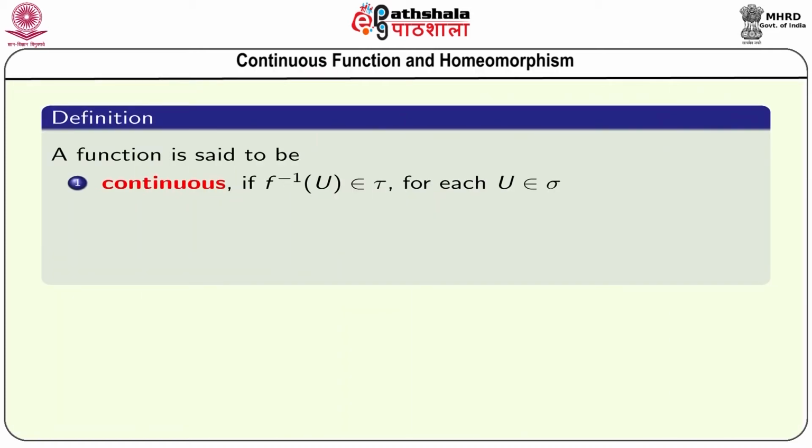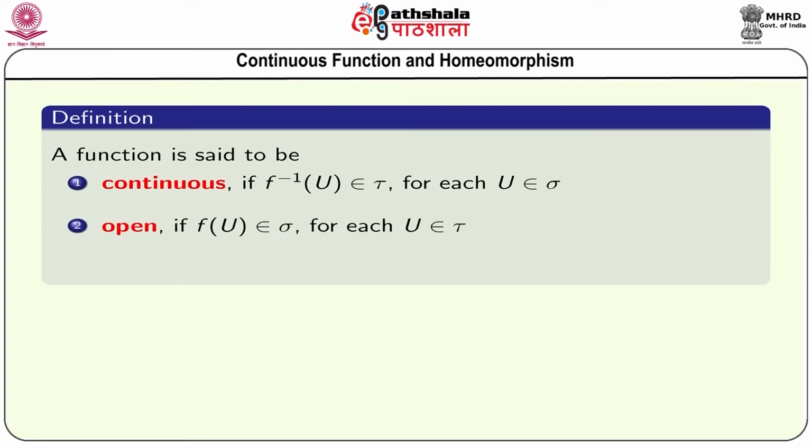A function is said to be continuous if f inverse of U is in tau whenever we start with U from sigma. That means, if a function pulls back the open sets of the codomain to the open sets of the domain, then the function is called continuous.